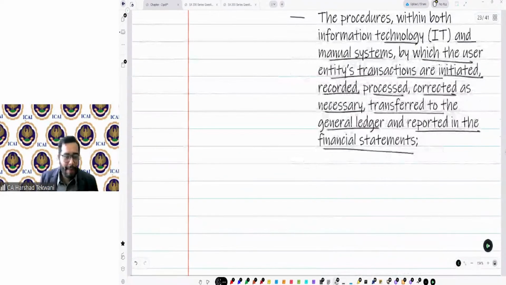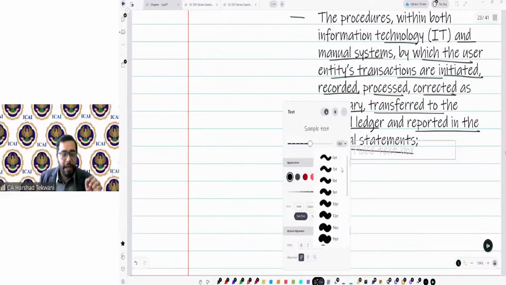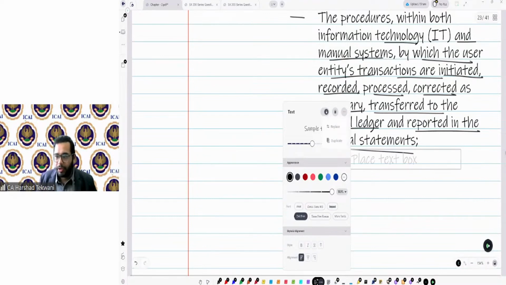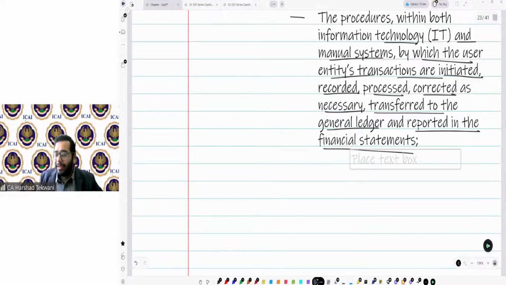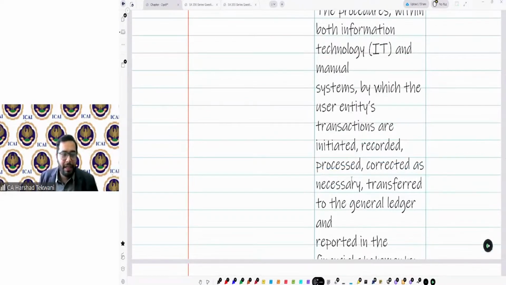Then the next one is when the information generated by the service organization is related to the accounting records, whether electronic or manual form, supporting information and specific accounts in the user entity's financial statement, used to initiate, record, and correct incorrect information.